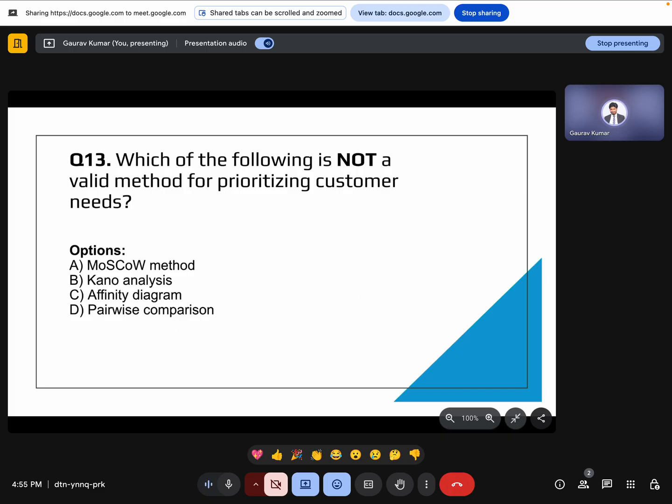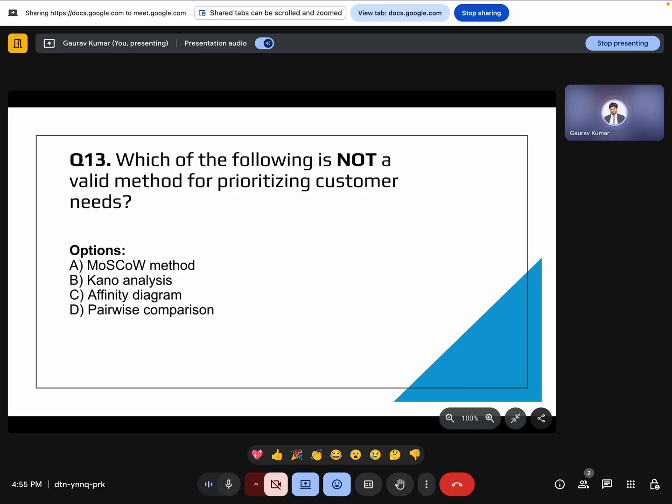Several techniques exist for prioritization, such as MoSCoW. MoSCoW is basically must, should, could, won't. And Kano analysis and pairwise comparison allow structured decision making about which needs matter most. So the correct answer is affinity diagram, because it only organizes needs and does not rank or prioritize them.